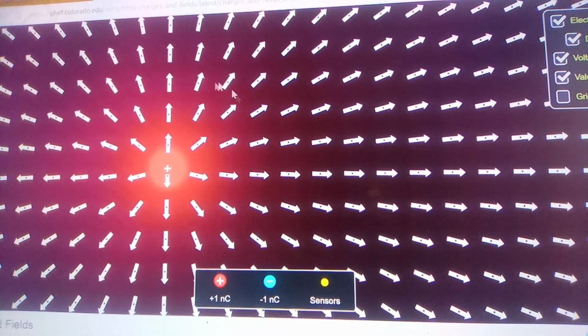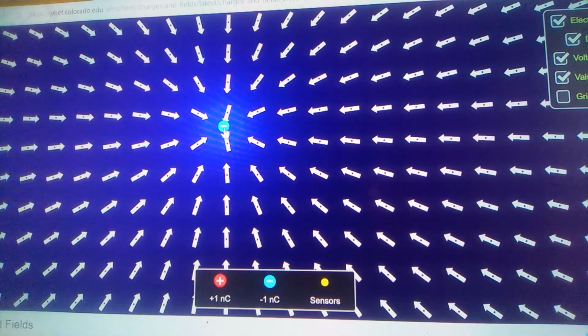So this is clear, students. Let us now observe the negative charge. If it is a negative charge, it is the opposite way. The field lines come inwards towards the charge.